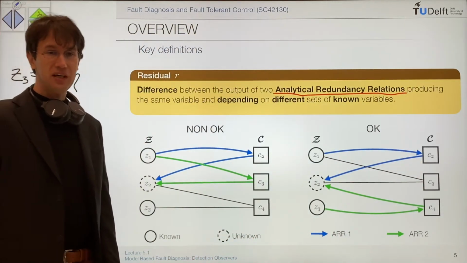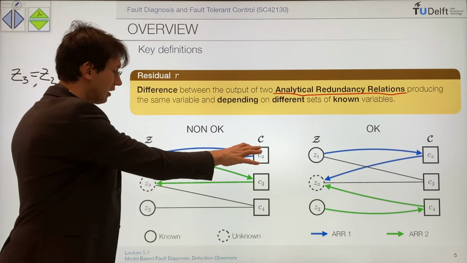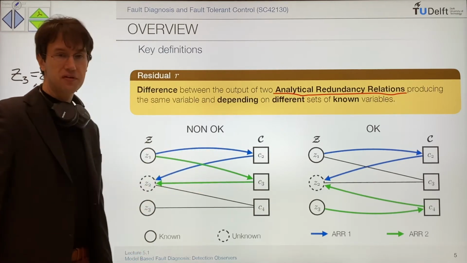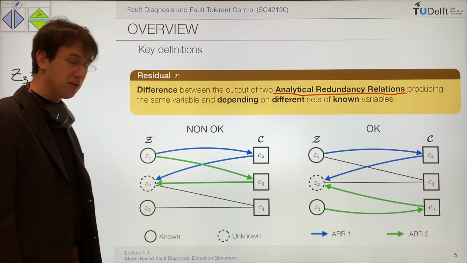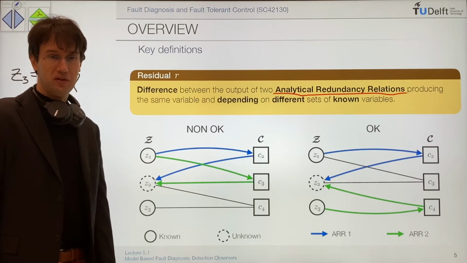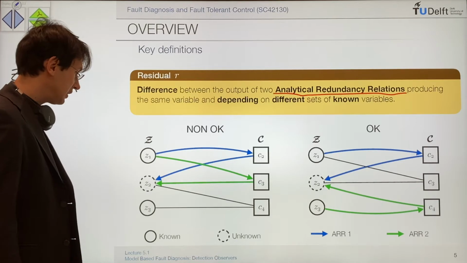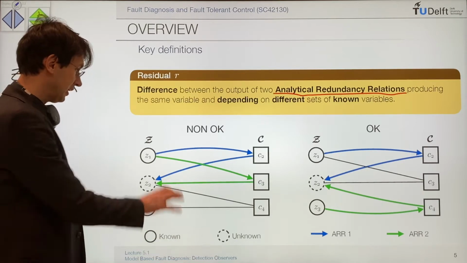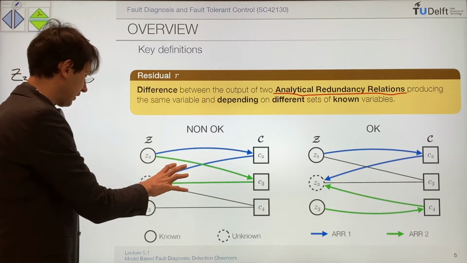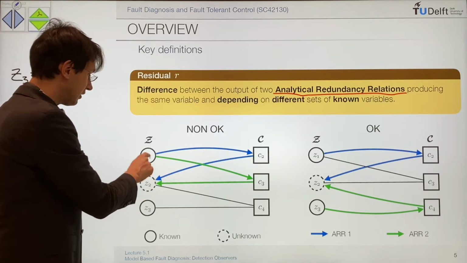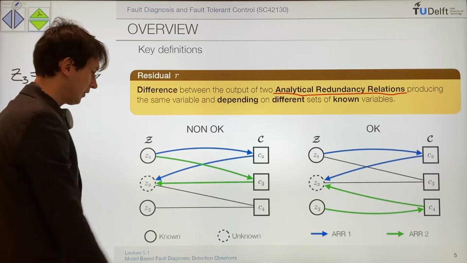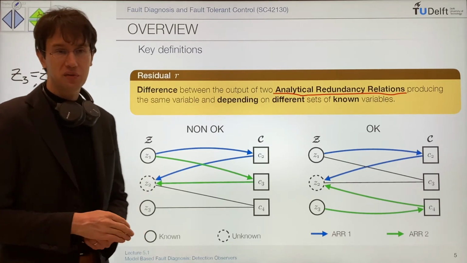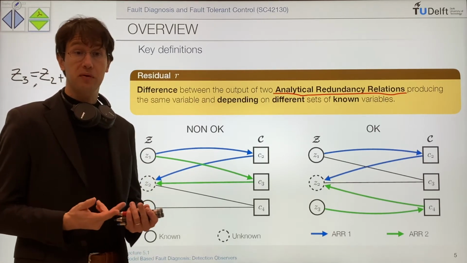Analytical redundancy relations are different paths along this graph that allow us to compute the same variable in two different ways. So for instance, here in this example, you see how I can compute Z2 either going through this path or this path. So if I have two different ways of computing something, I can compare them.